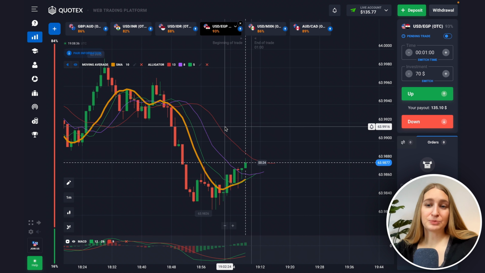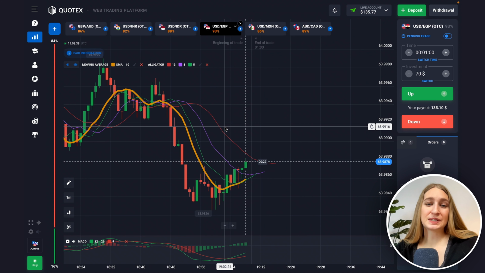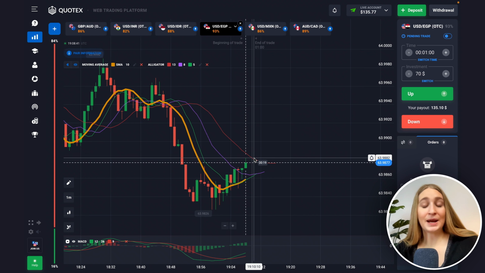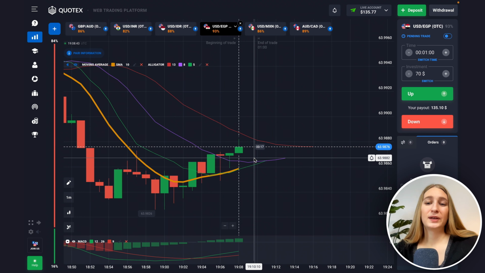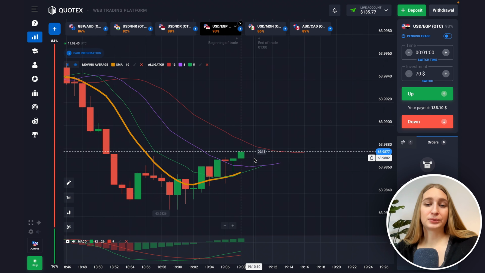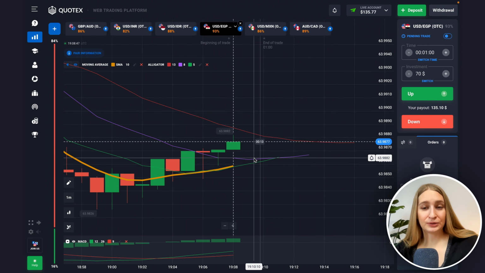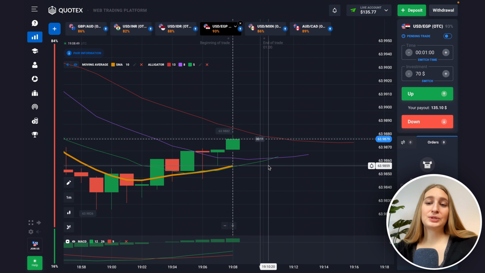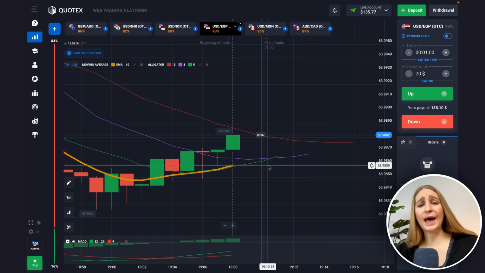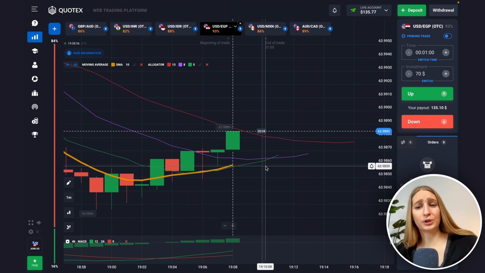Or what important price levels, maybe historical, exist for this currency pair. Okay, you see there are a lot of rules and points that you need to know, you need to see and search, and so yeah, as I mentioned, it's really big work for every trader.